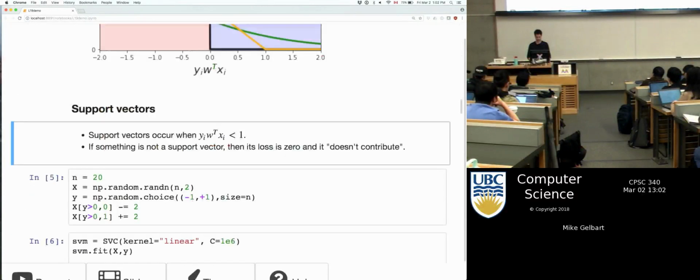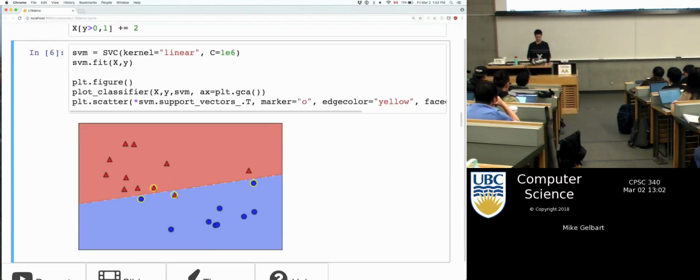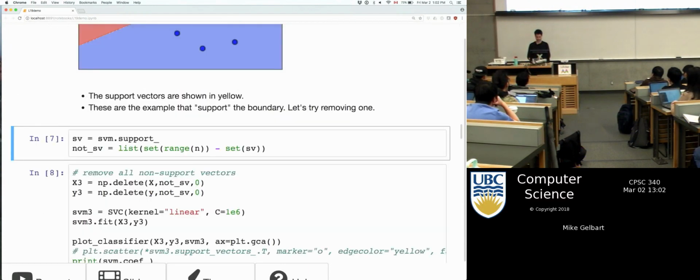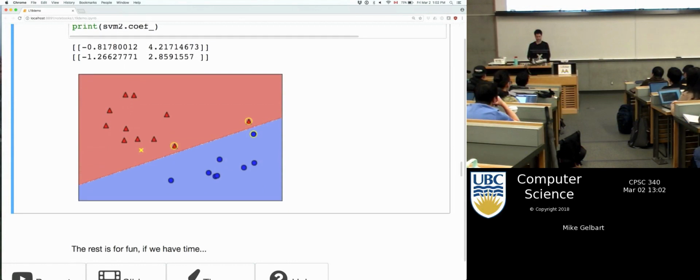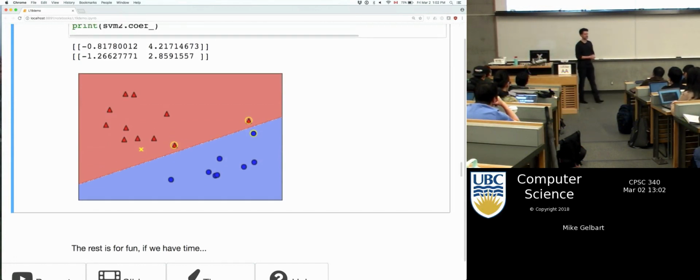We talked about support vectors. If I remove all the things that are not support vectors, then everything stays the same. If I remove support vectors, then things change.